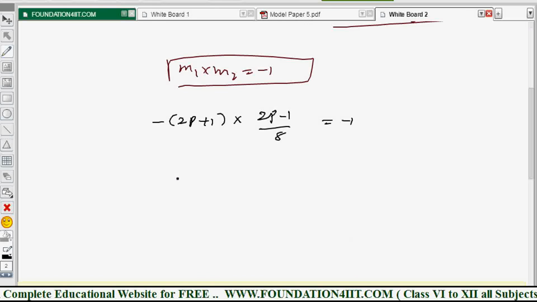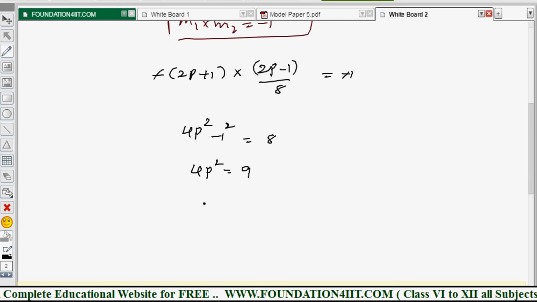This is (a plus b) into (a minus b), which is a square minus b square. So 4p square minus 1 square, and minus 8 taken to the other side is plus 8, because the minus signs cancel on both sides. Then 4p square is equal to 9, because minus 1 square is 1, taken to the other side is 9.